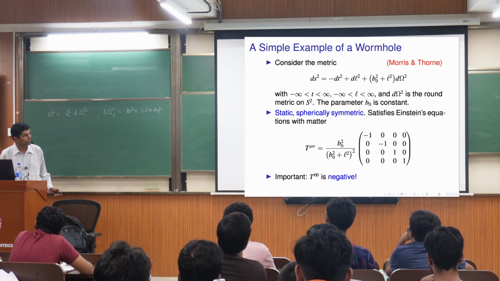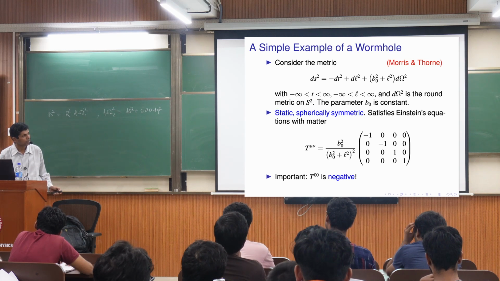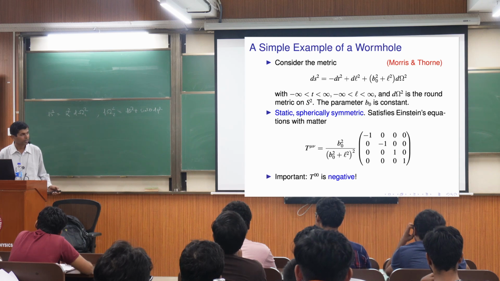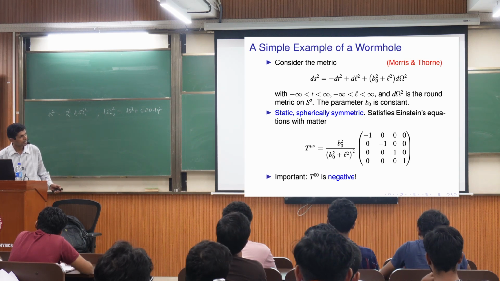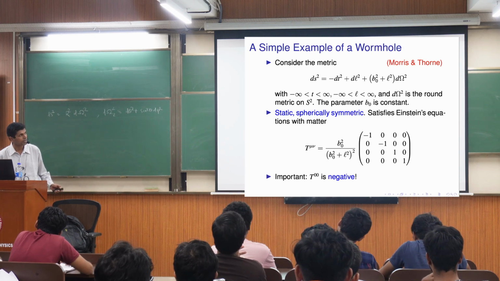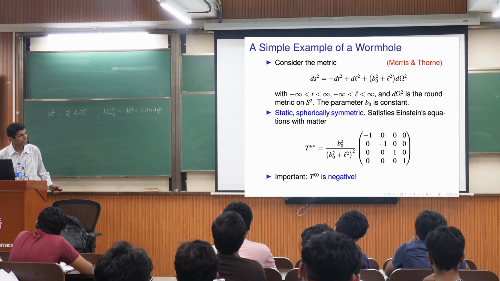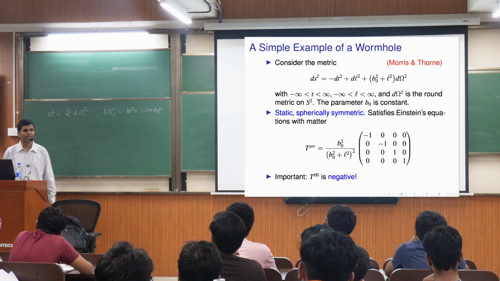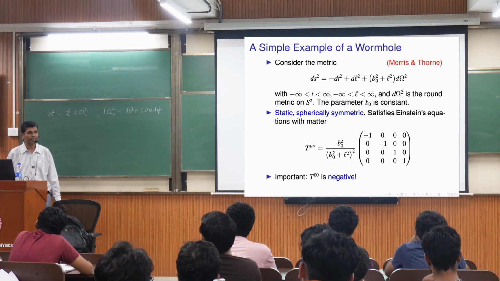For this to be a solution to Einstein's equation, the energy momentum tensor has to take this value here. In particular, this component gives you the energy density, and this -1 says that you have to have matter with negative energy density. So there are exotic matters.